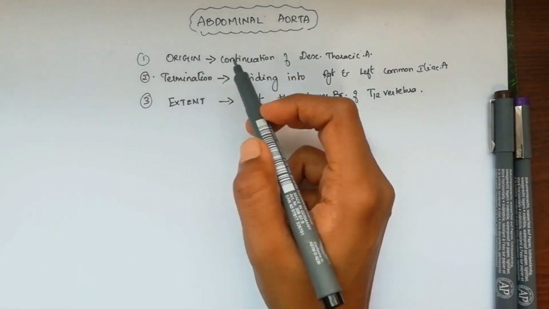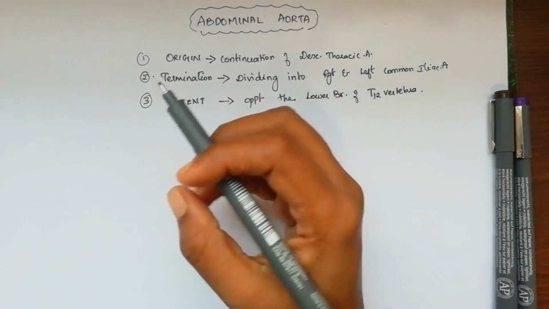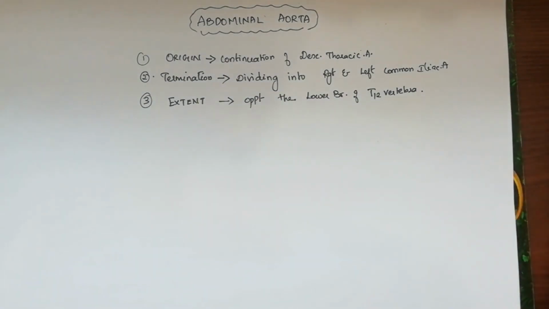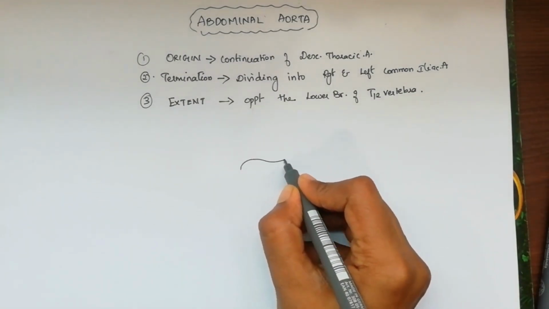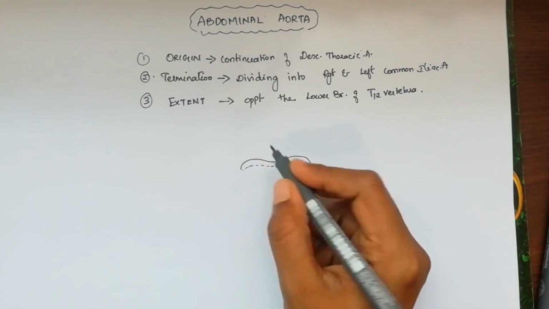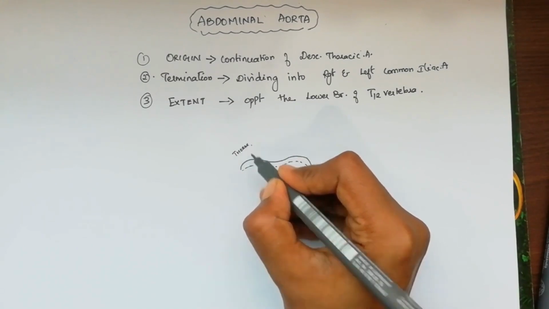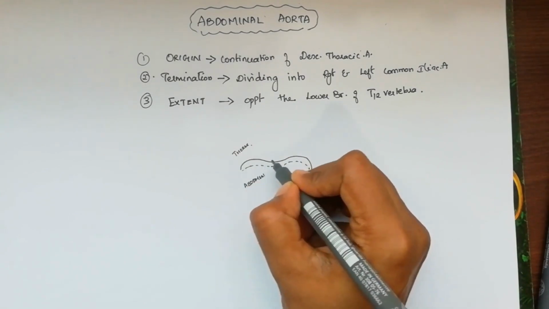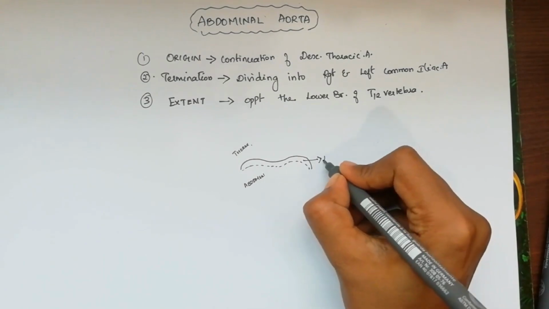The origin is nothing but a continuation of the descending thoracic aorta. As you know already, we have a muscle in the middle between the thorax and abdomen. Imagine a muscular region in the body dividing the thorax above and the abdomen below, and this muscular partition is nothing but the diaphragm.